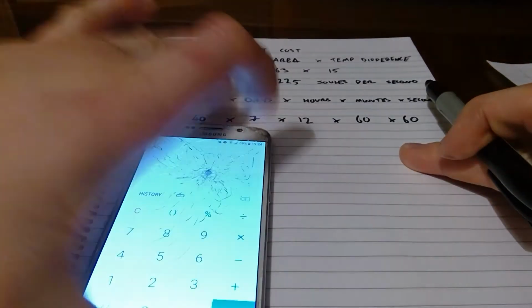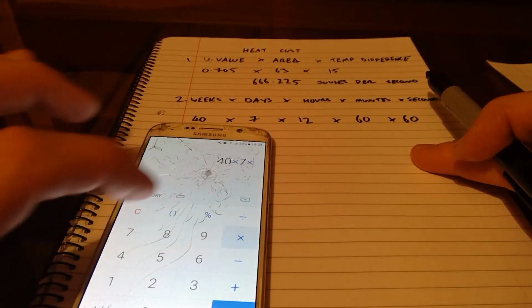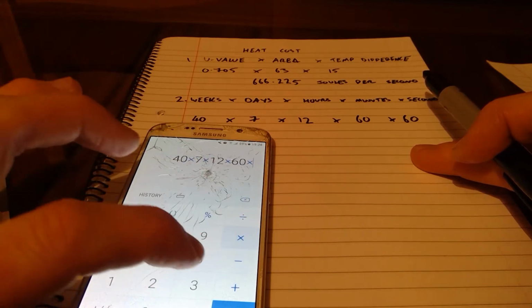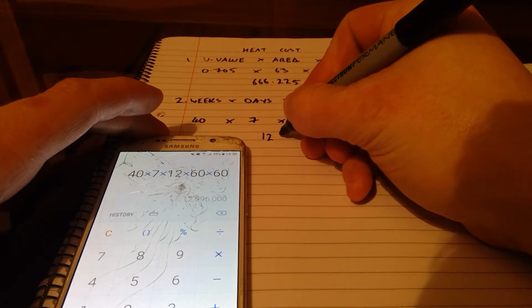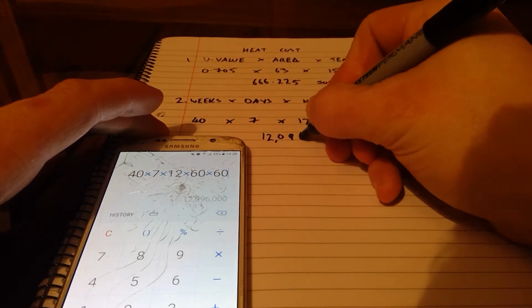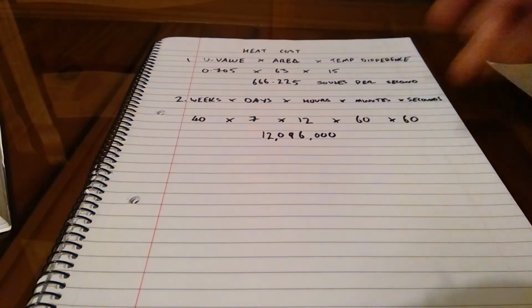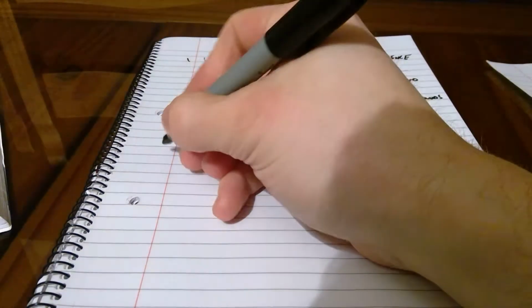We get our calculator. 40 multiplied by 7 multiplied by 12 multiplied by 60 multiplied by 60. Alright, and we get a total of 12,096,000. That's the amount of seconds that heating is on per year in this particular house.